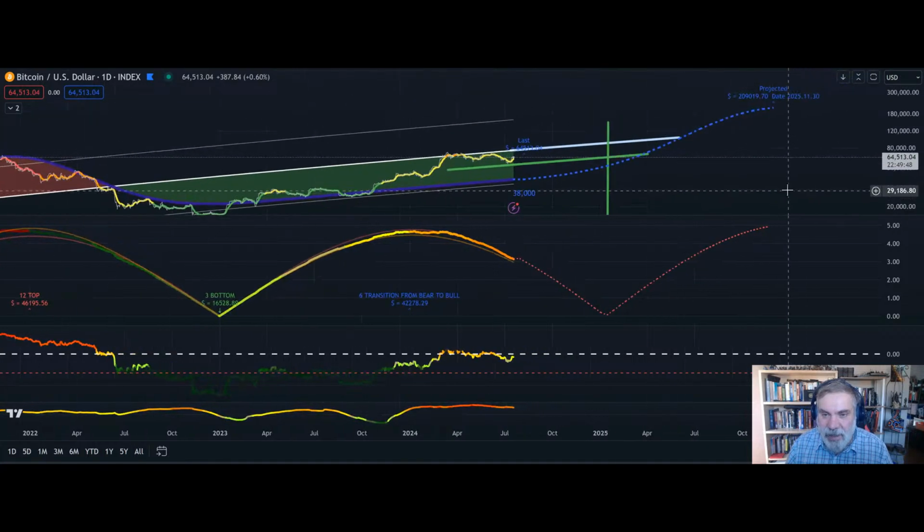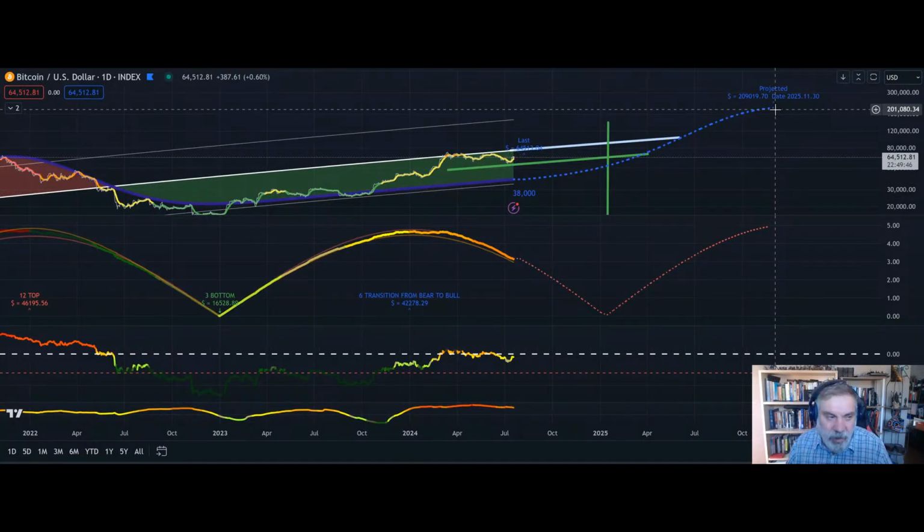And the top, again, how do I come up with this top? The top is based on this idea. If we take the 3 bubbles, and it doesn't matter, you can include the 4th because it's more or less the same pattern, because once you have 3 data points, you can add another one if it is consistent.